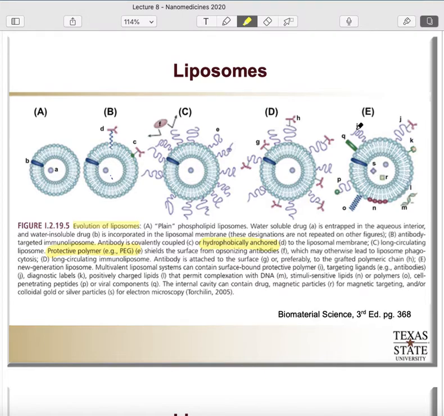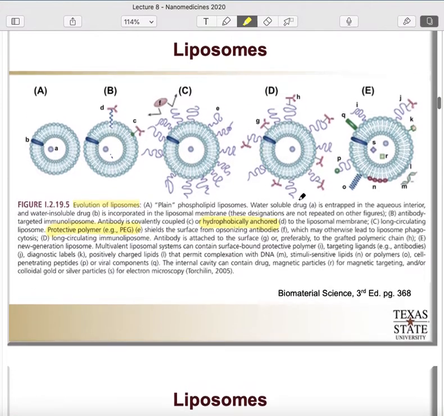We're still going to incorporate surface functionalization such as polyethylene glycol to increase the circulation of the liposomes in the body. We can incorporate fluorescent molecules to enable tracking of that liposome and its distribution in vivo and within the cells. We can incorporate cationic lipids that enable us to complex oligonucleotides to the surface. There's just a lot of different things that we can incorporate, basically, is what I'm trying to say.